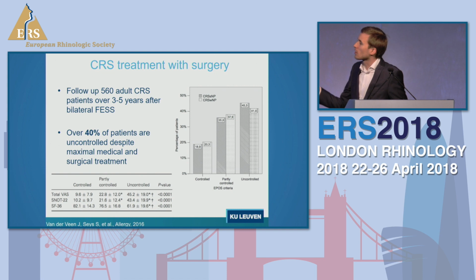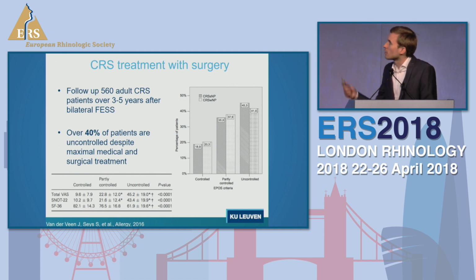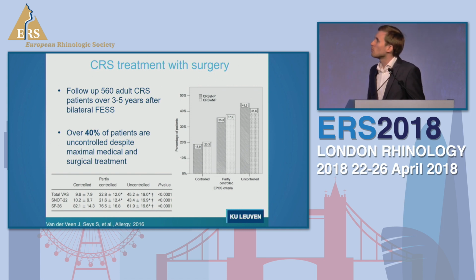When we look at response after surgery, this is a study that we did, a 3 to 5 year follow-up study after bilateral FESS. We looked at the disease control at that time, and we see that over 40% of patients are uncontrolled. So also here, there is a need to identify responders to surgery.